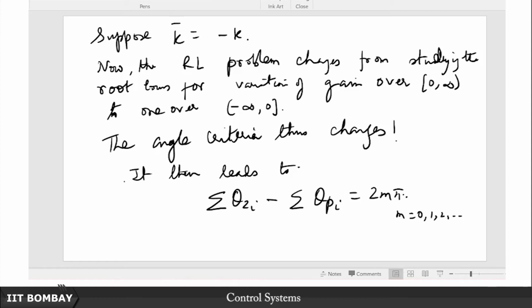If you are considering the convention to be that k changes from minus infinity to 0, then notice that as k tends to minus infinity, the branches start at the open loop zeros, and as k goes to 0, as is usual in the normal root locus, they end at the open loop poles.